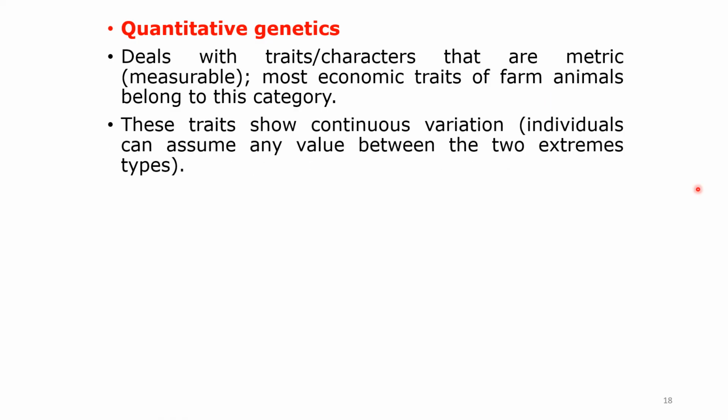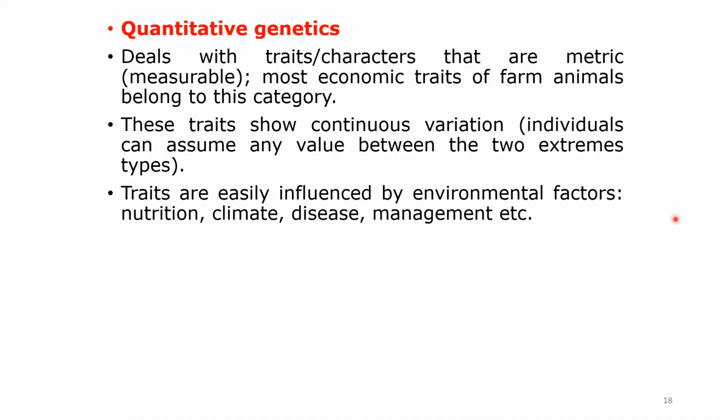So these traits show what is known as continuous variation, and what this simply means is that different animals can assume any value between the two extremes. The two extremes here we mean from the best to the worst. Many animals can assume any value within that. So we say that this trait shows continuous variation.